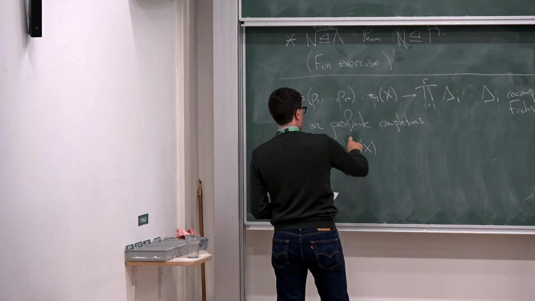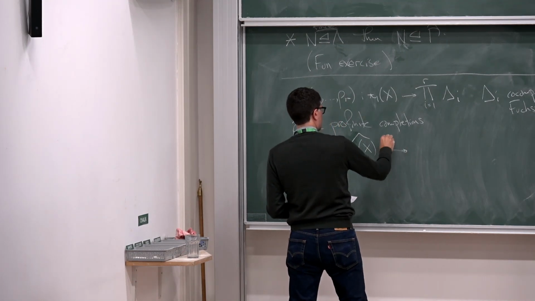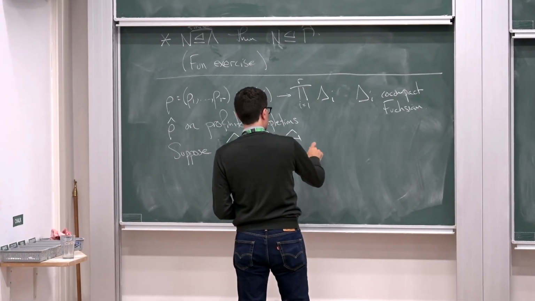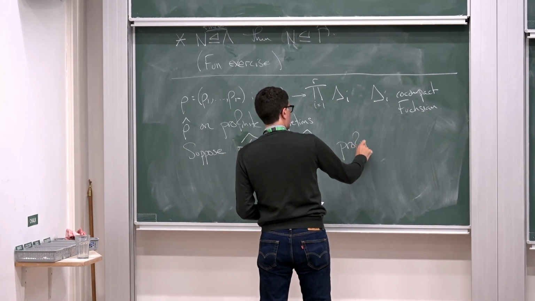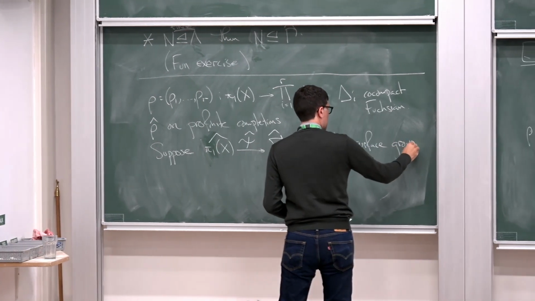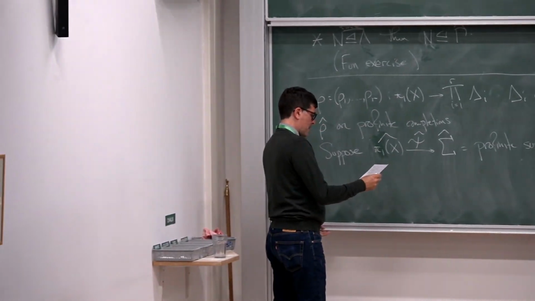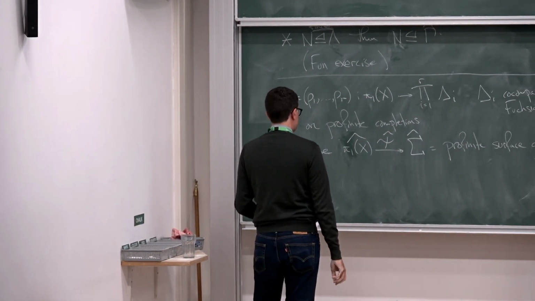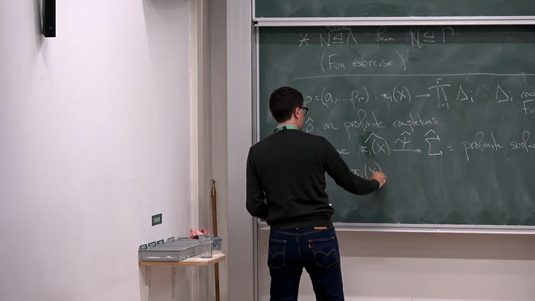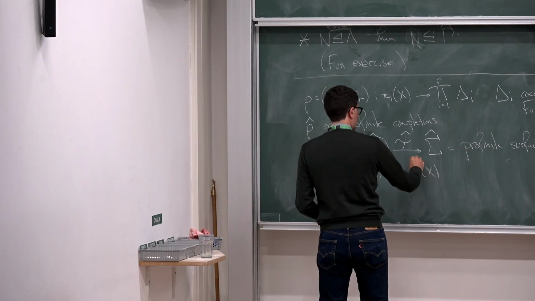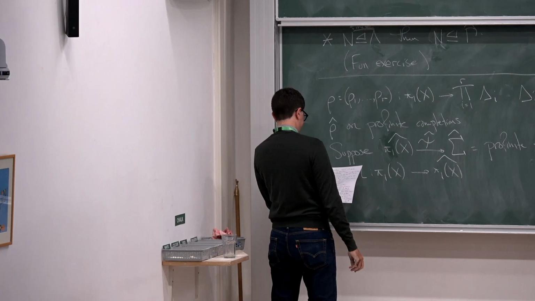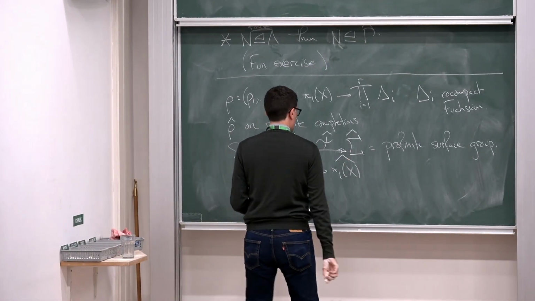I want C hat, some Fuchsian group. So then let's call iota the inclusion map. This is a surjective homomorphism.